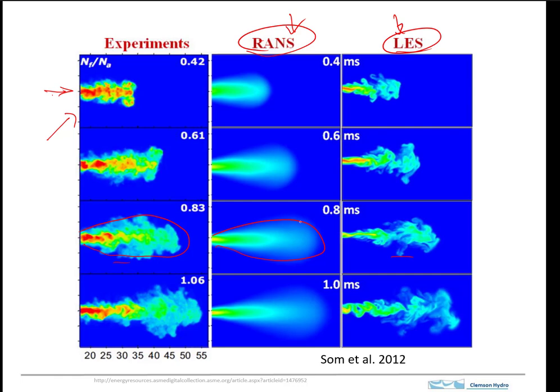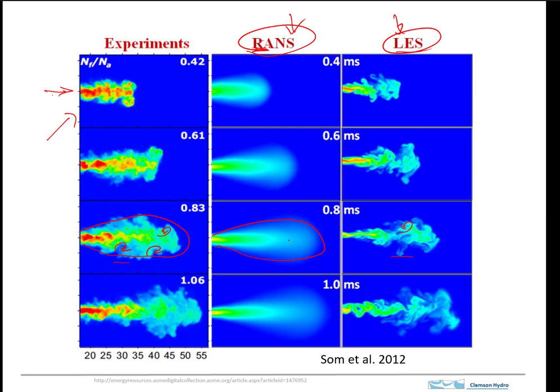But what we can see is that with the Reynolds average Navier-Stokes, the RANS, these small scale turbulent eddies that are in the data and that are in the large eddy simulation are absent here. They've been smoothed out, they've been averaged out, and indeed that averaging is at the heart of this approach.